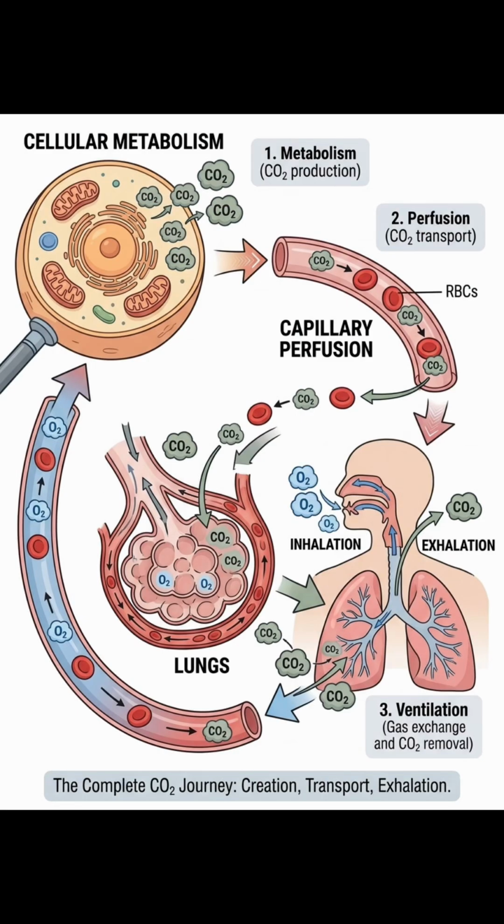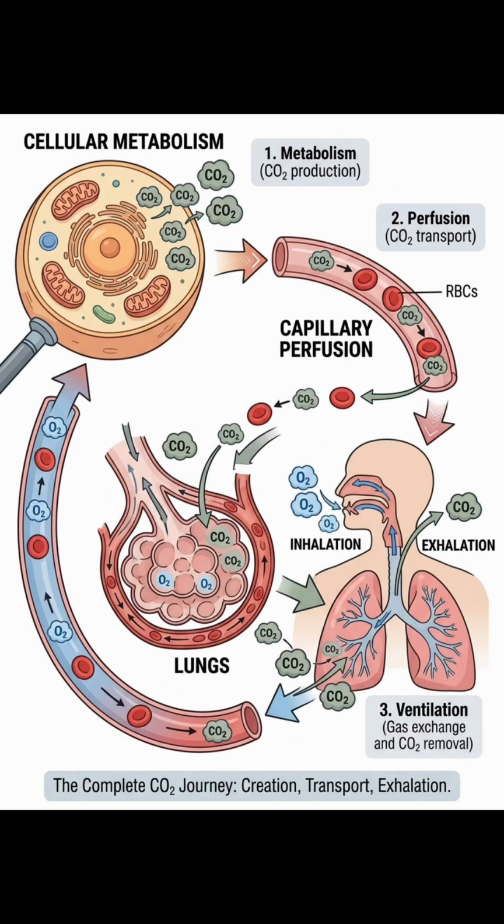To understand capnography, first we need to understand where CO2, or carbon dioxide, comes from. Every cell in the body produces CO2 as a waste product of cellular metabolism. That CO2 diffuses into the bloodstream, and then it ultimately is transported to the lungs. The heart pumps that blood through the pulmonary circulation.